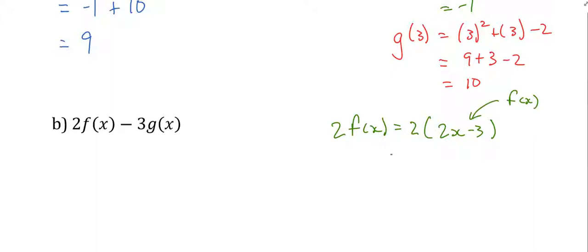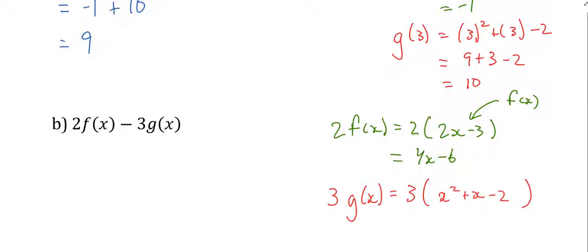And I just expand it. 4x minus 6. And then 3 times g at x is 3 times x squared plus x minus 2.